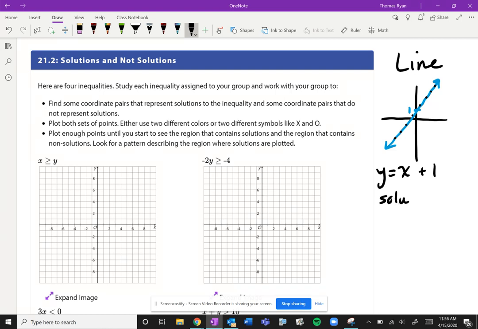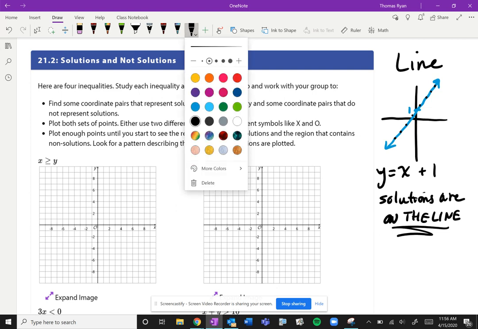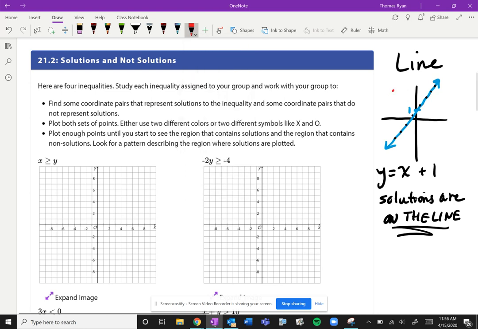So the solutions are on the line. Way over here is not a solution, because it won't give you the right x and y when you plug it in. And over here is not a solution, over here is not a solution. So the solutions are on the line.